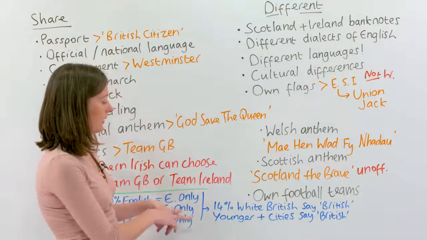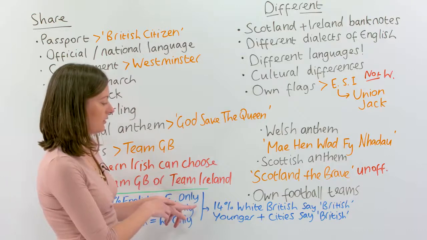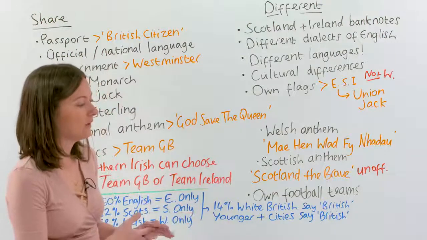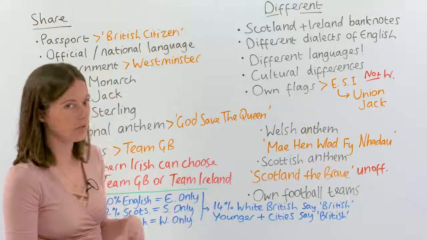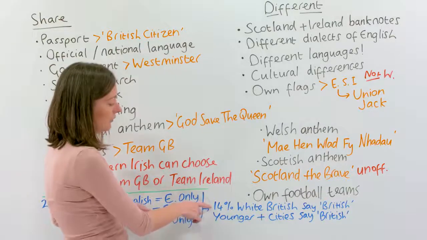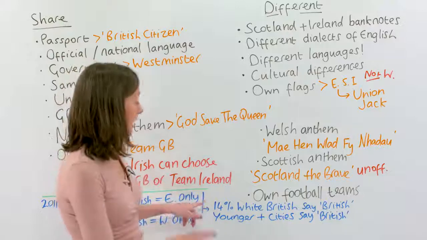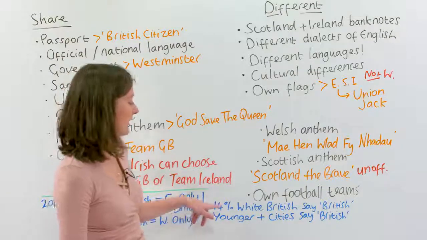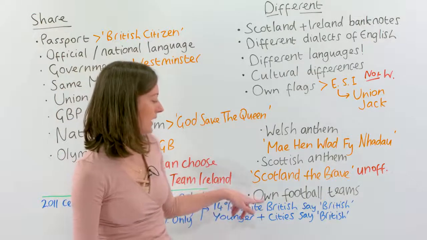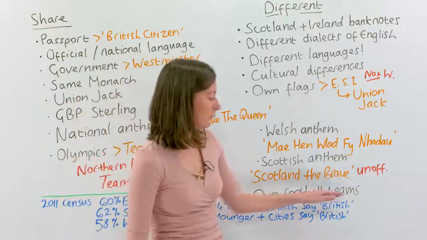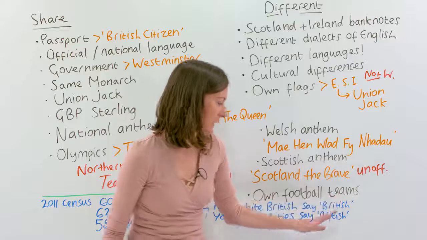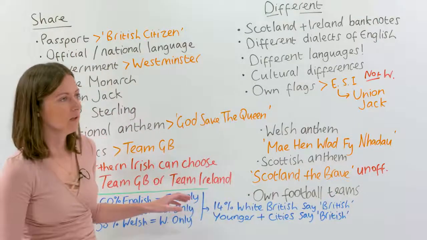So now I want to mention the difference between who's saying they're British and who's saying they're not British. So 14%, only 14% of white British ethnicity say that they're British. Okay, so I'll break that down.